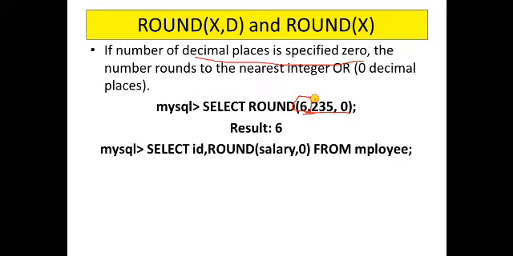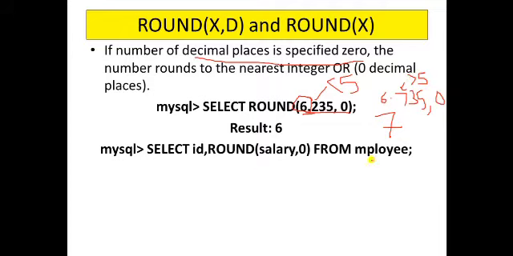So 6, because this is less than 5, so it is 6 only. In case we have 6.735 comma 0, 0 means 0 decimal places, it will become 7, because this 7 is greater than 5. I hope it is clear.